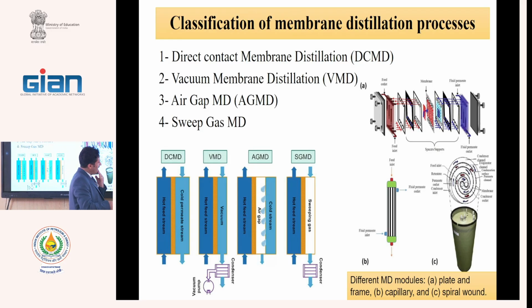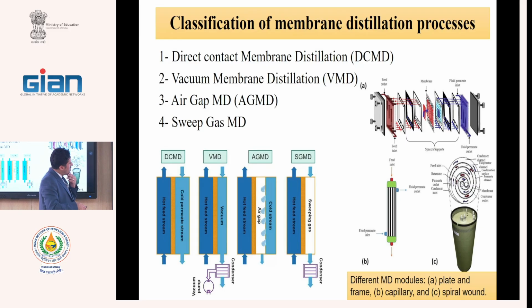In the third design, we have an air gap between the cold stream and the bottom of the membrane. In the permeate side, we have an air gap, and here we have a stainless steel metal.